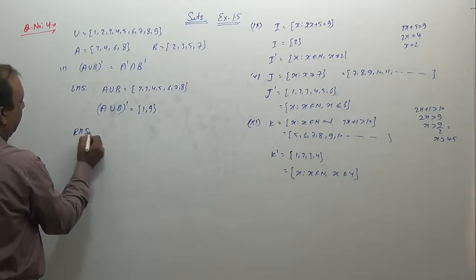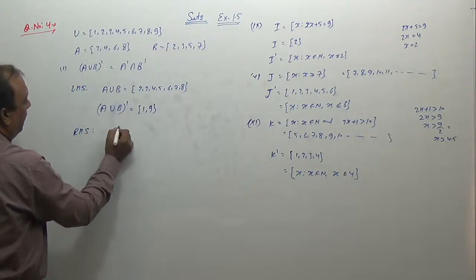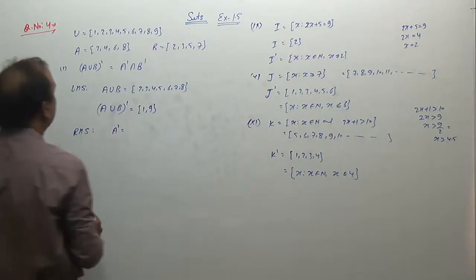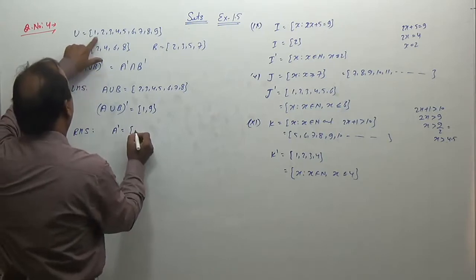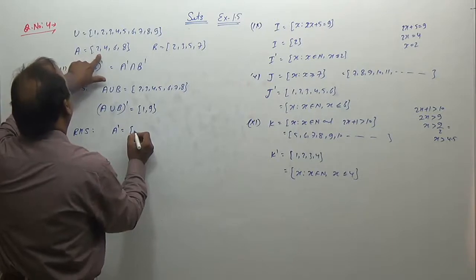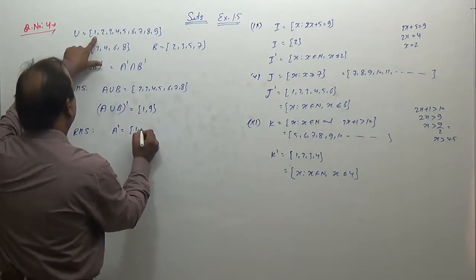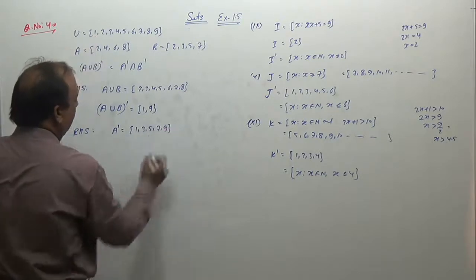Now taking the right hand side, first of all find A complement. What is A complement? The elements of the universal set which are not members of the set A, so that is 1, 3, 5, 7 and 9.